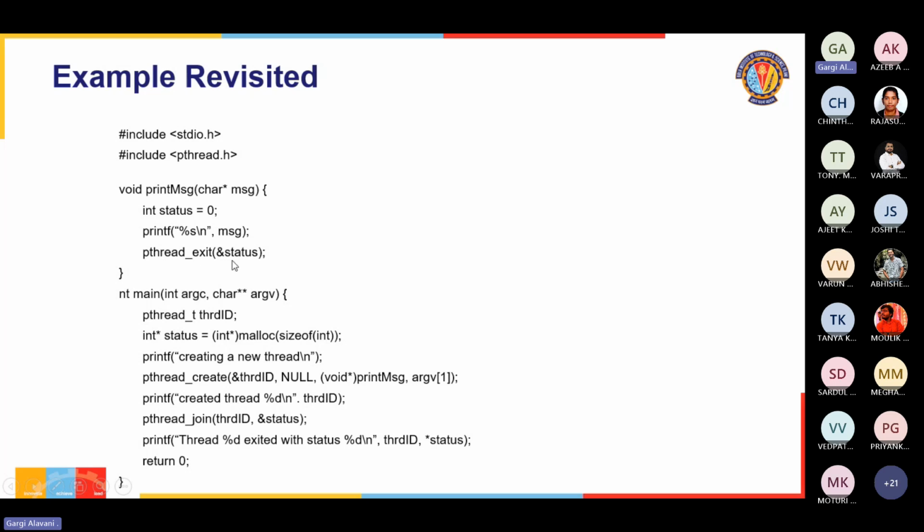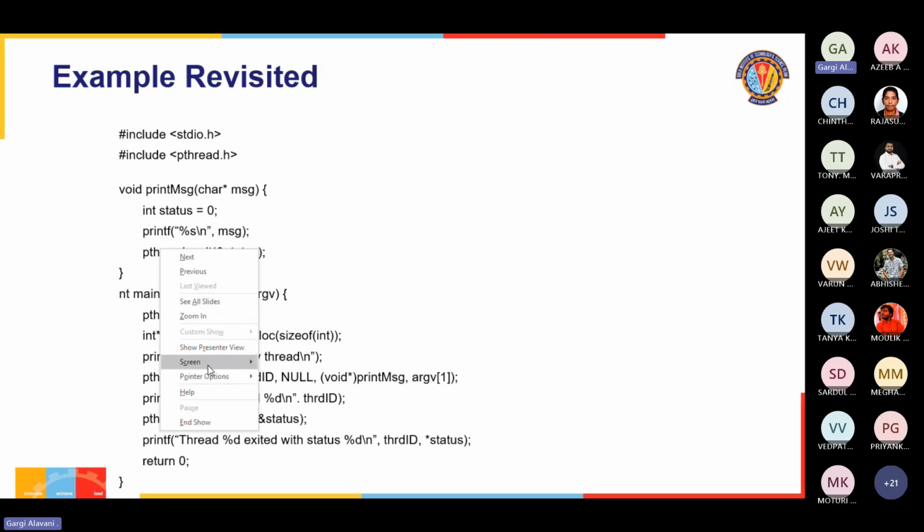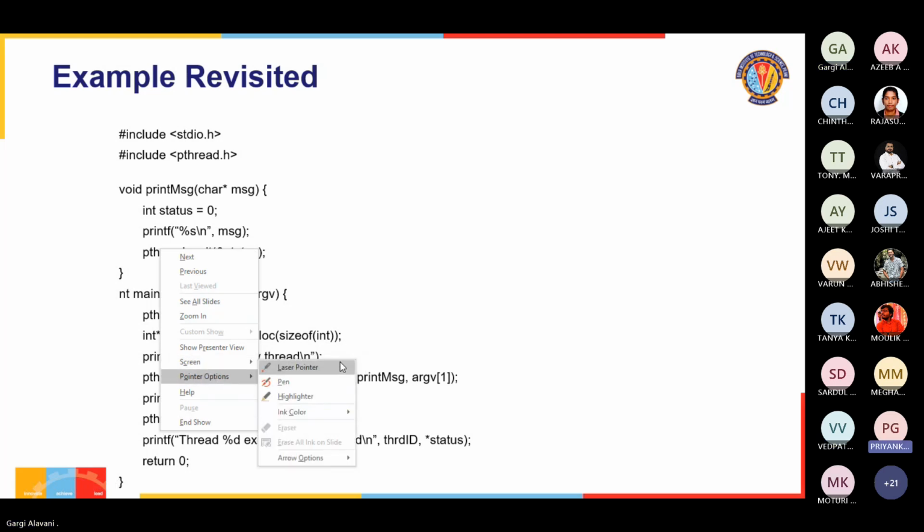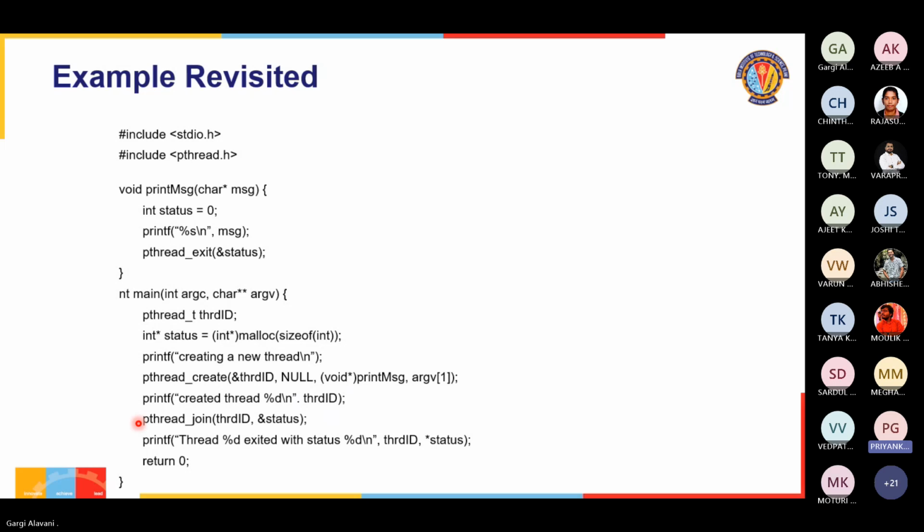Whereas if you do not use pthread exit here, it will come here. It will be active even for this printf. Then it will join with pthread join. But anyways, before joining, it will exit, even if you don't execute the exit explicitly.